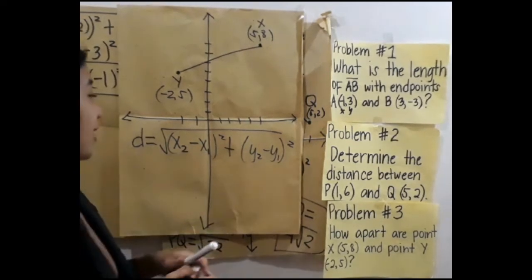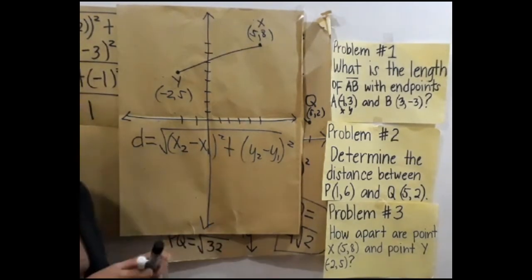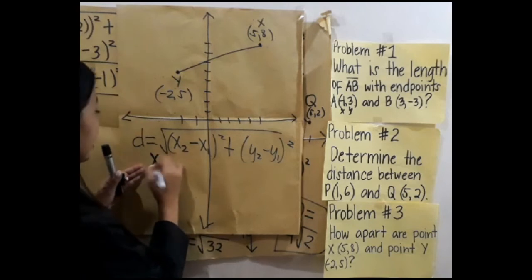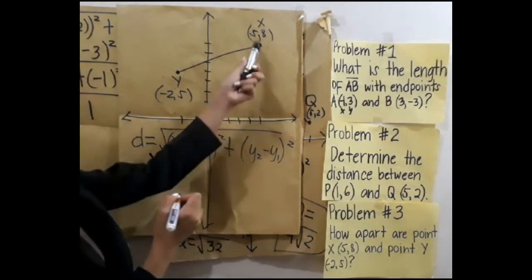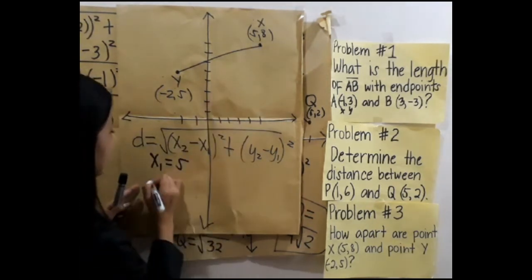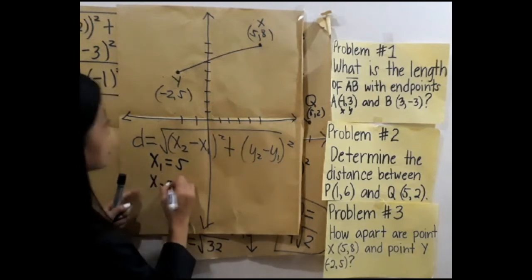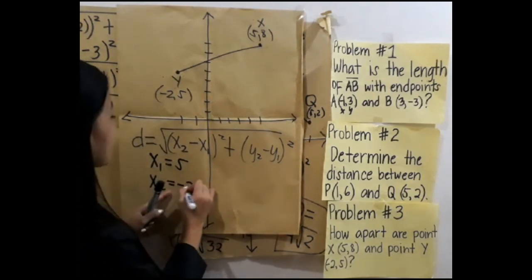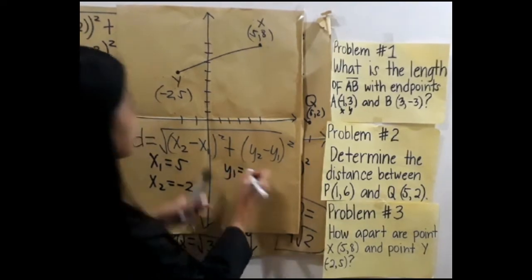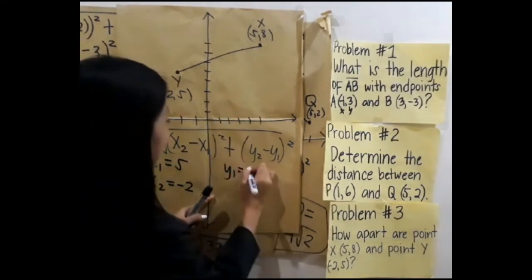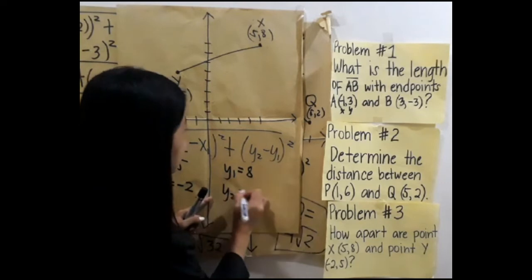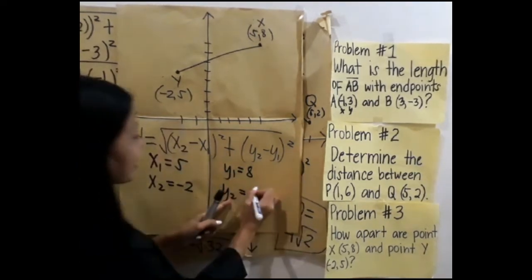First, we have to find the values of these variables. So x sub 1 is equal to positive 5, and our x sub 2 is equal to negative 2. Our y sub 1 is equal to positive 8, and our y sub 2 is equal to positive 5.